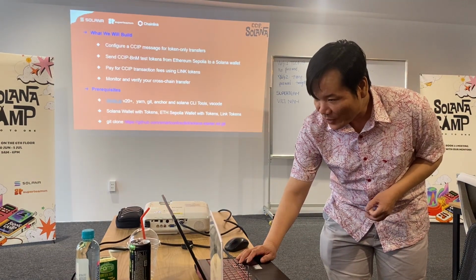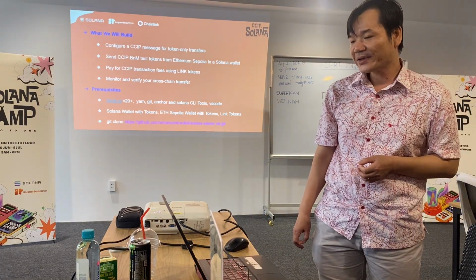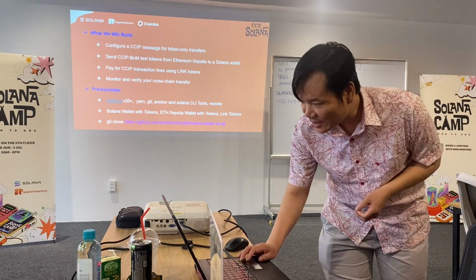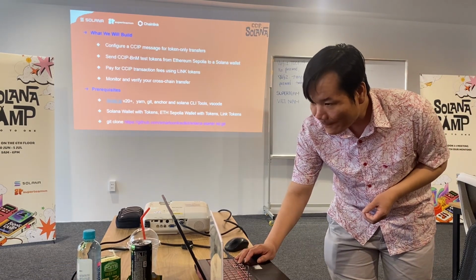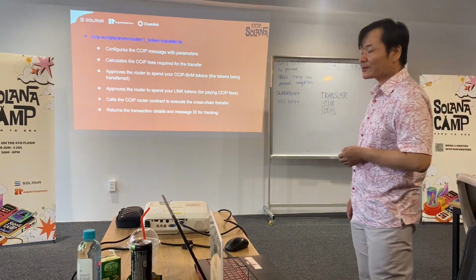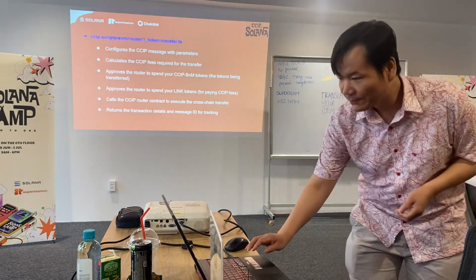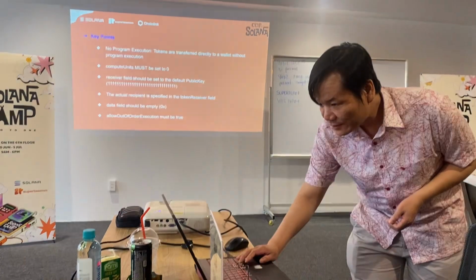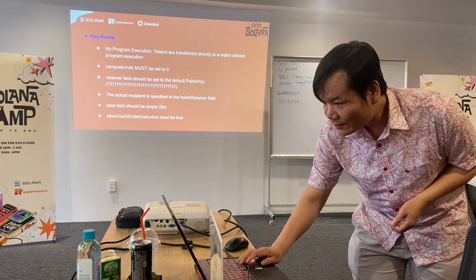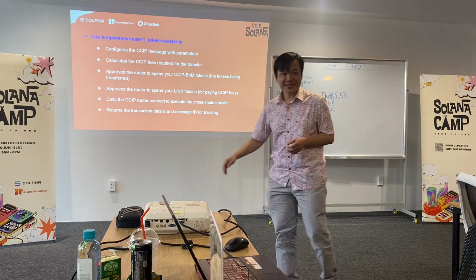And now we will build and configure CCIP from Ethereum Sepolia to Solana devnet. Here you will launch one repo of Chainlink, and here is some code and some key points. Here I will explain, and then when you do the practice, you will see it.